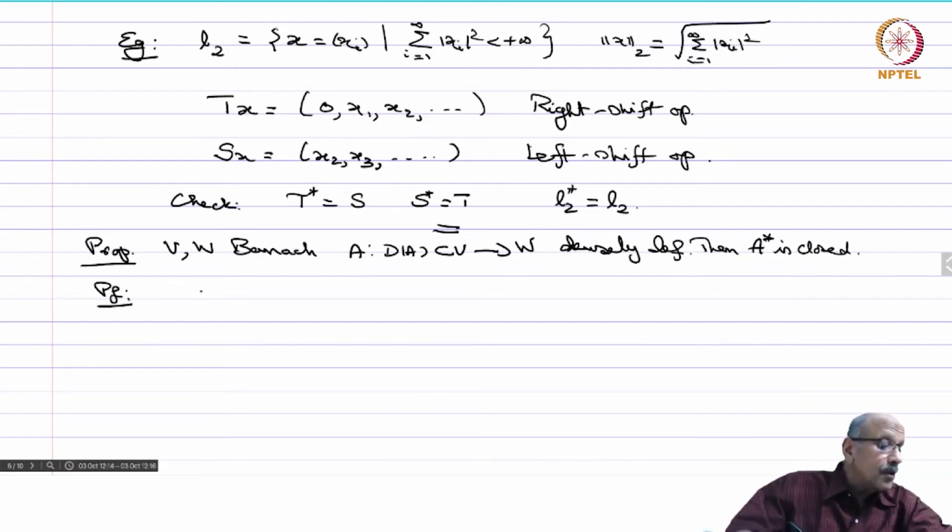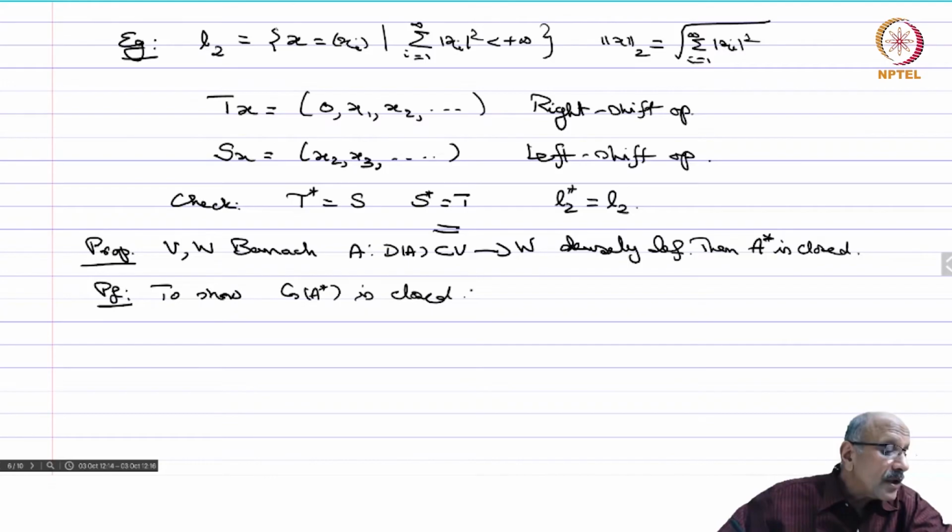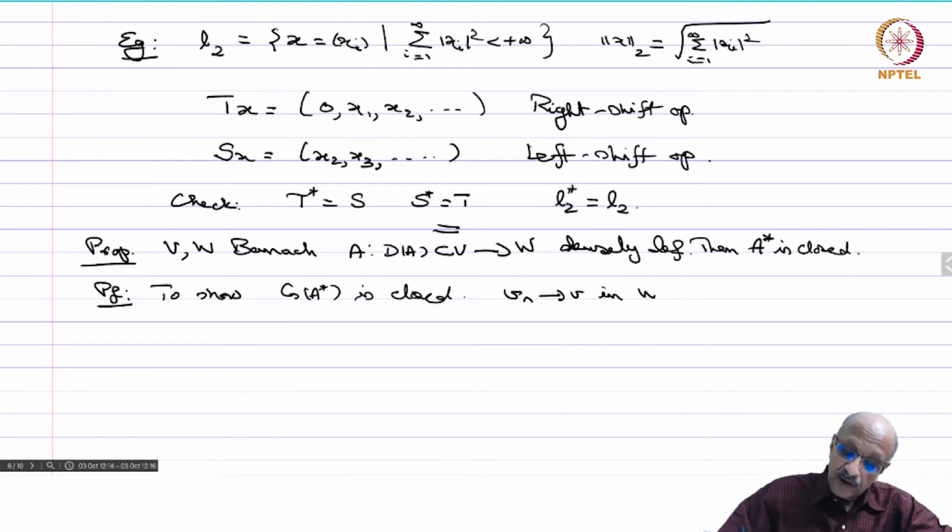So to show the graph of A star is closed, we take vn converging to v in W star, and A star vn converging to f in V star.